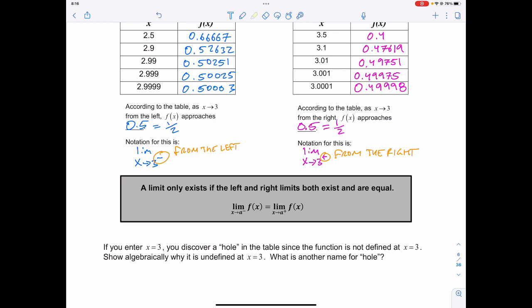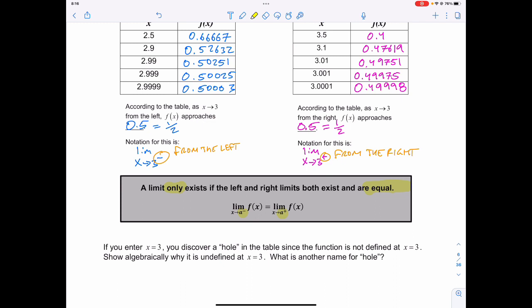Now it's important to note, as it states here, a limit only exists if the left and right limits are both equal, which means that for the limit to exist, x as it approaches a from the negative has to be the same as x as it approaches a from the positive.